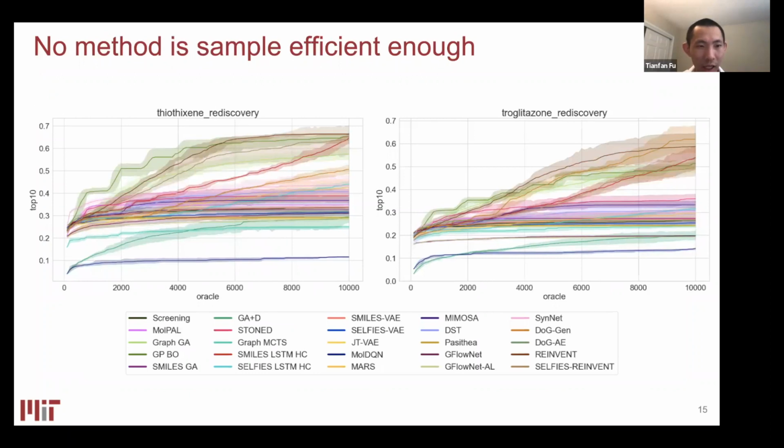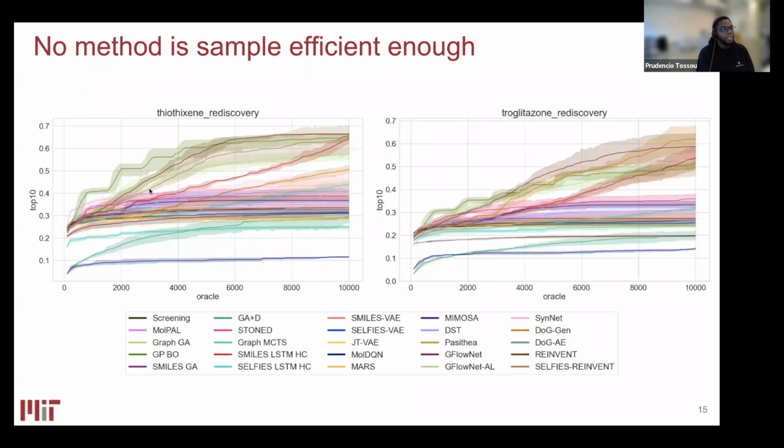Because we want to measure the sample efficiency, the previous metric only measures the top K, the top molecule performance, and we also consider the area below this curve.